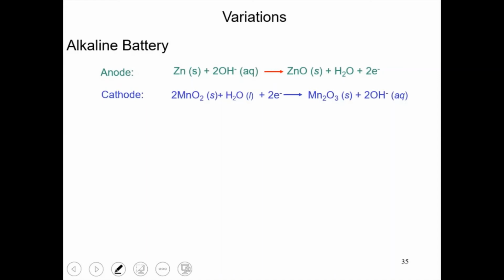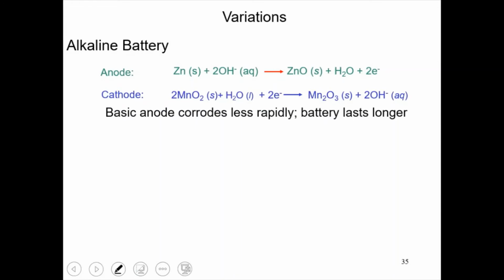You basically are producing hydroxide ions. The reason why alkaline batteries are more in demand nowadays is because in the basic environment, the zinc anode corrodes less rapidly, and so the batteries last longer.